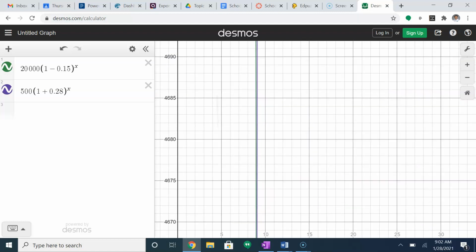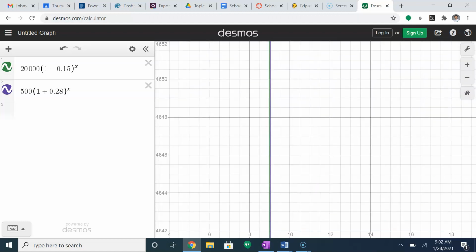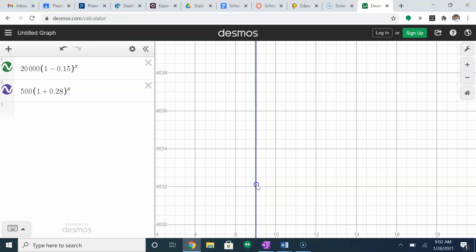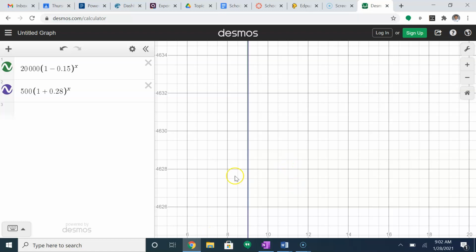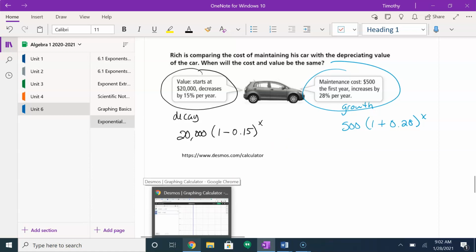Kind of went past it on that one. So if you think about it, about 9 years, they're pretty much the same, right? They become one line. So it says, when will the cost and value be the same? We're going to say about 9 years. So this one we don't need an exact answer.